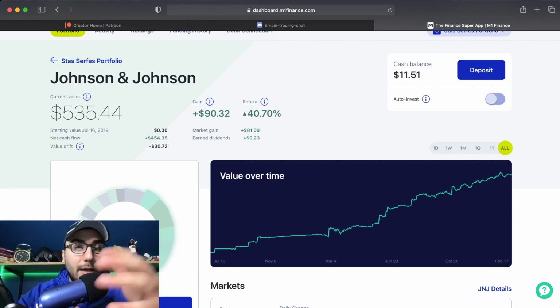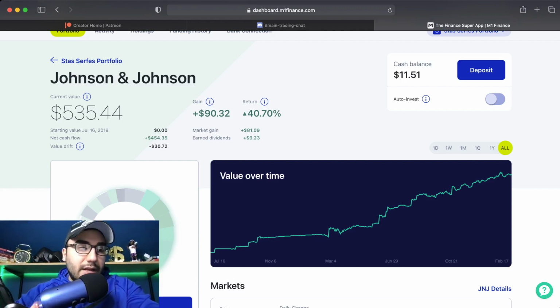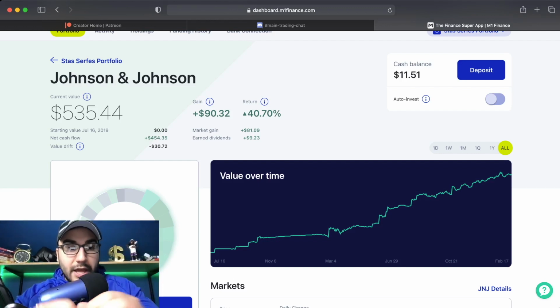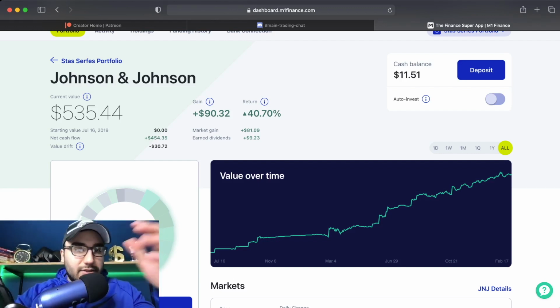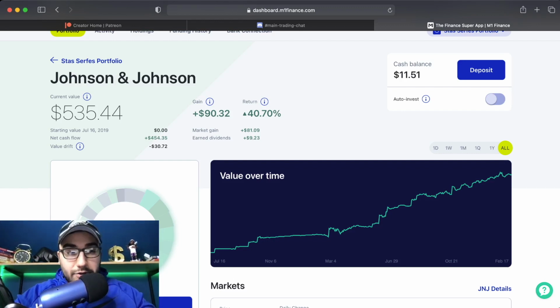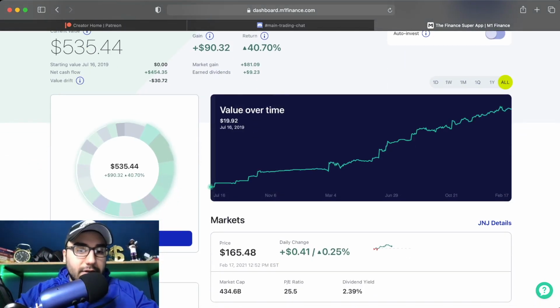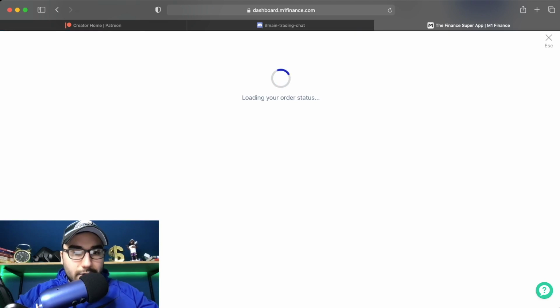But every time, other than those reinvestings of dividends, I'm going to be buying a minimum of $100 every time I buy any stock. That's my new rule, because I was buying in this portfolio when it was smaller. I was buying in $20 increments, $30 increments. Now I want to do over $100. So we just did $200 in AbbVie. I'm going to do $100 now into Johnson & Johnson.